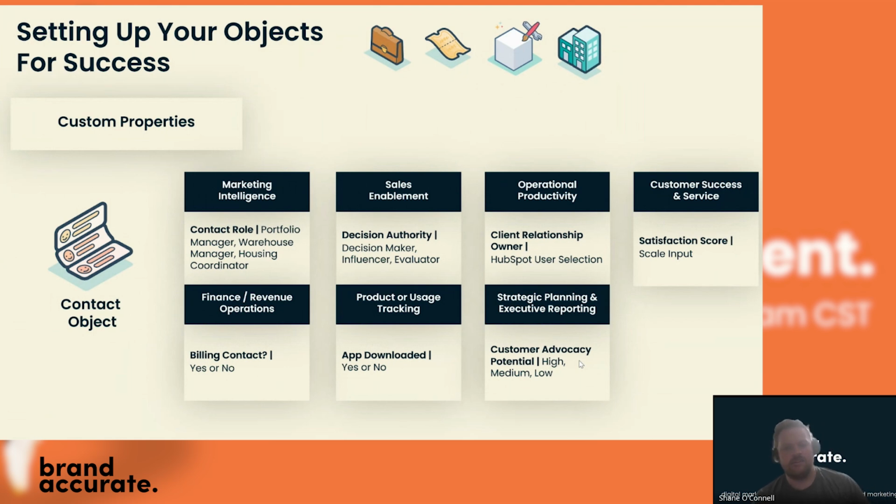client relationship owner on this contact record, right? Maybe the way that you set up your client relationship status is across multiple teams, and maybe key contacts within an organization work with different individuals on your team in order to onboard them, or maybe to drive success with that organization.